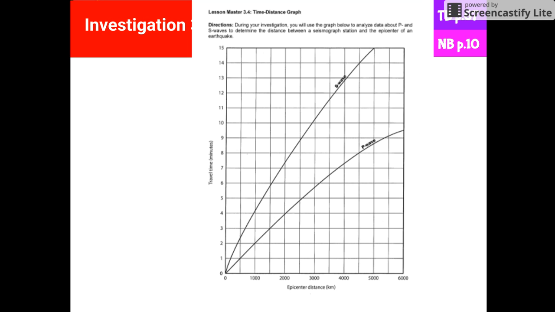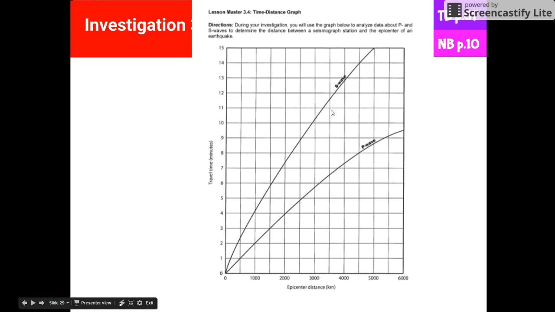You can see right here that time is on the vertical axis. Distance, epicenter distance, how far the location is away from the epicenter, and then the lag time is the time between the S and P waves. So obviously, the further you get away from the epicenter, the longer it took for that wave to get there, and then you're getting this lag time.